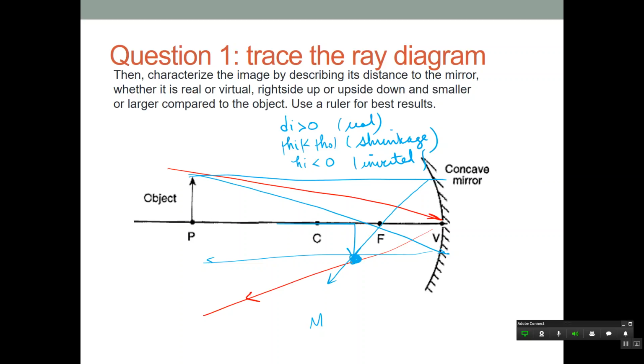So is it inverted? Negative. What about the absolute value of that compared to 1? Is it smaller than 1 or bigger than 1? Smaller, because you have to remember that m is equal to hi over ho. And if hi is smaller than ho, then you're automatically going to get a number that's smaller than 1. So it's going to be smaller than 1.